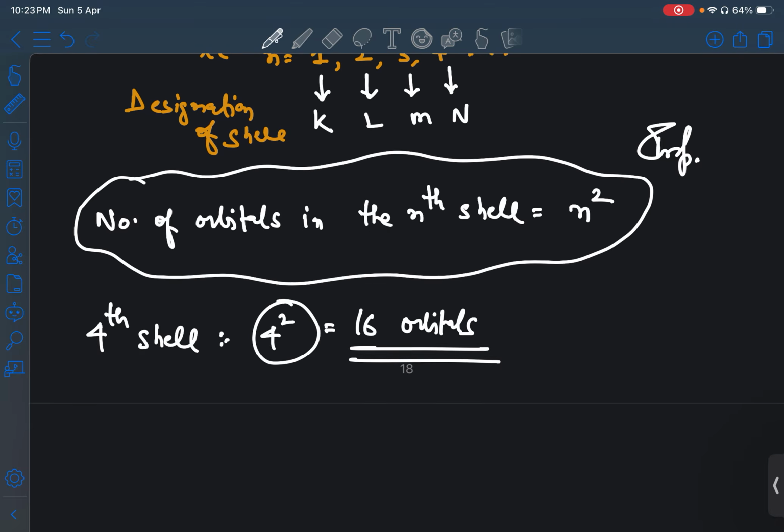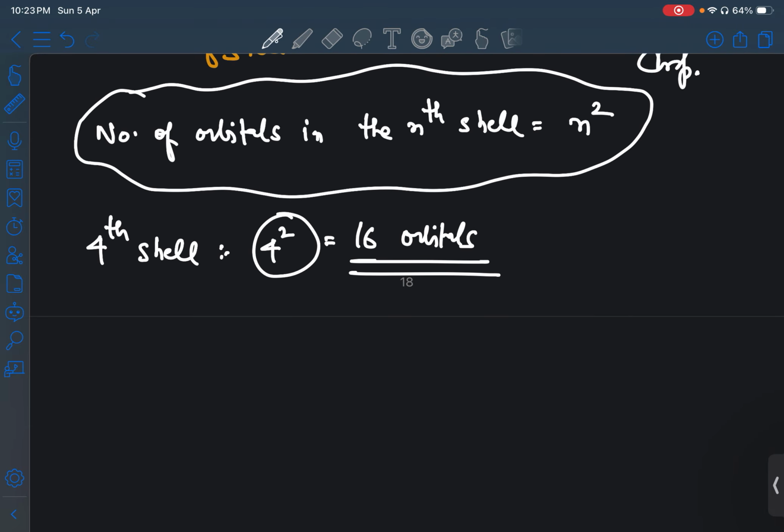And suppose someone asks you how many maximum electrons are possible in the nth shell. Every orbital contains a maximum of 2 electrons, so we can simply double it and create a formula as well.